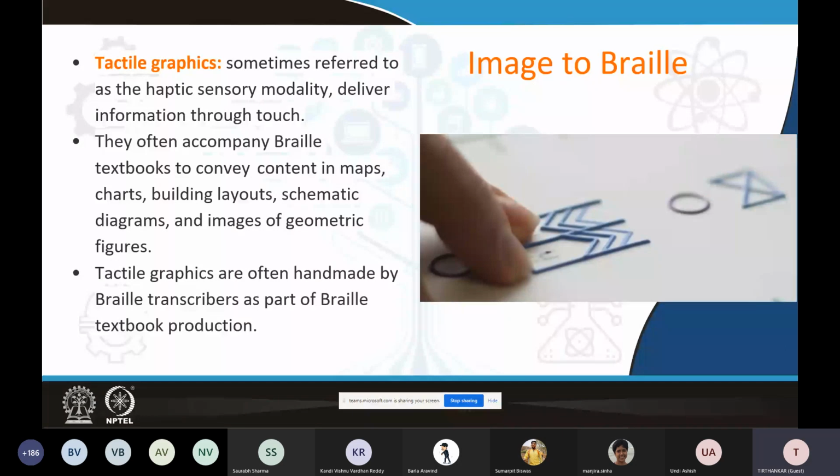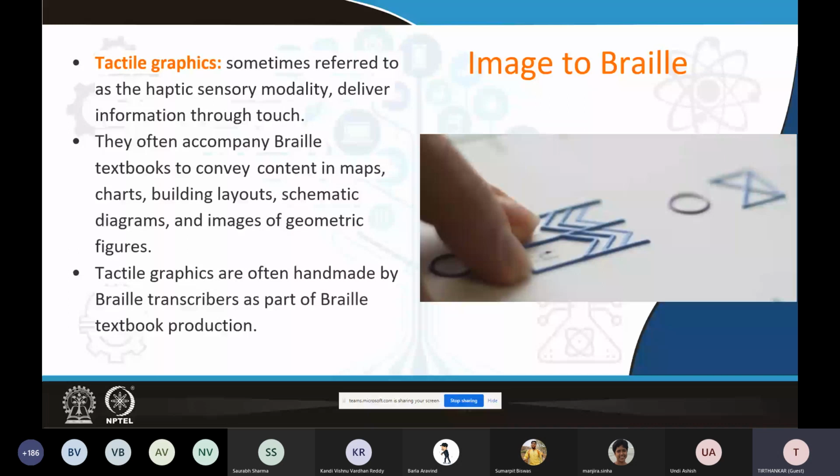But the main problem is that these object representations are normally handmade, and therefore you can understand that it becomes a very costly, time-consuming process, and you cannot generate something in bulk. So when we are talking about building Braille books, it becomes a very challenging process to manually put all these image structures using these polymers in Braille books.